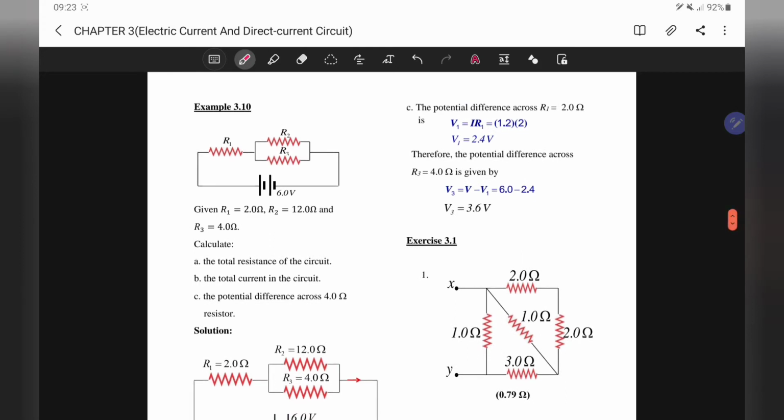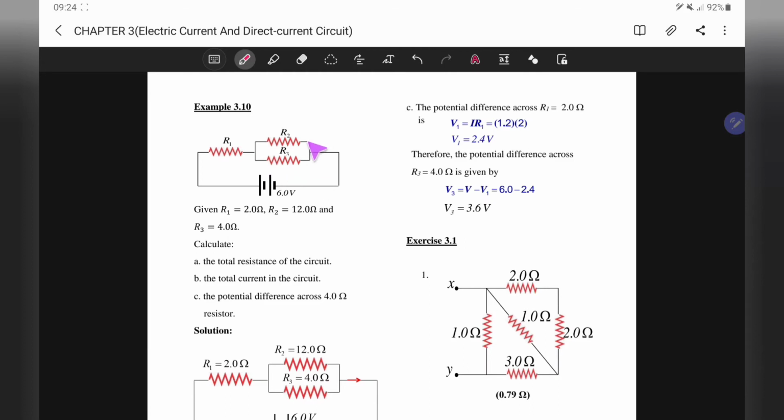Please refer to example 3.10. There are three different resistors, R1, R2 and R3. So R2 and R3 are arranged in parallel. How do we know? Because we have a junction. This is the total current, I total. I total passes through R1 and then reaches this junction, separating into I2 and I3, isn't it?